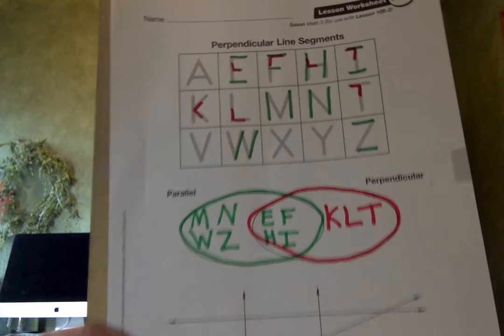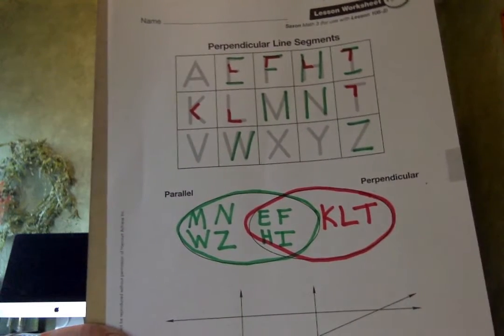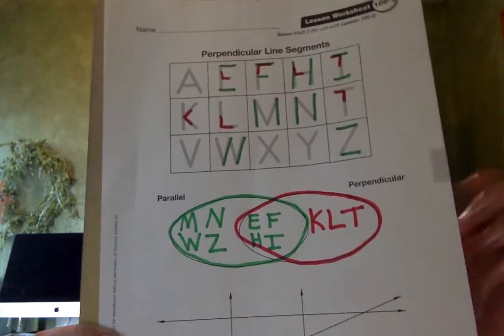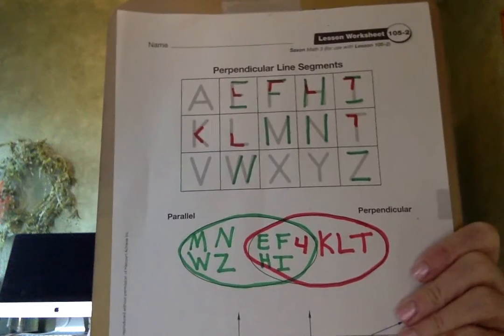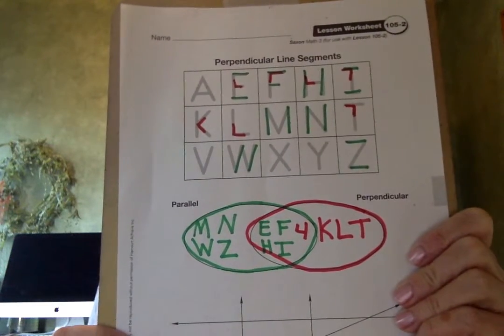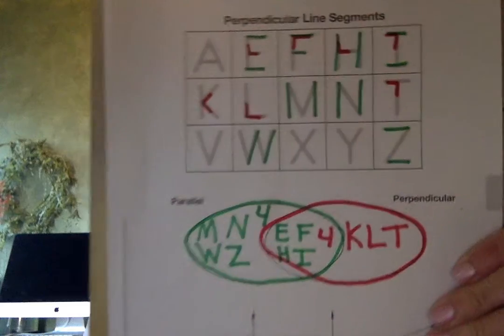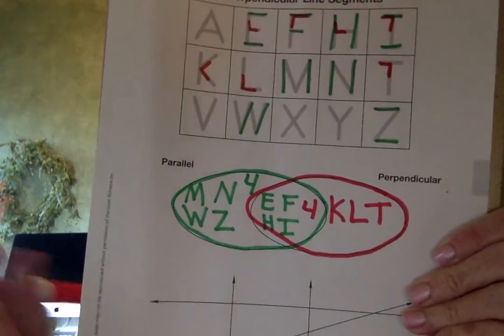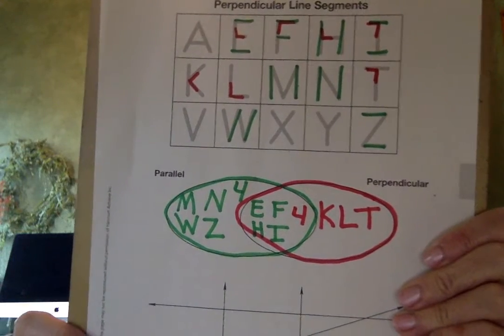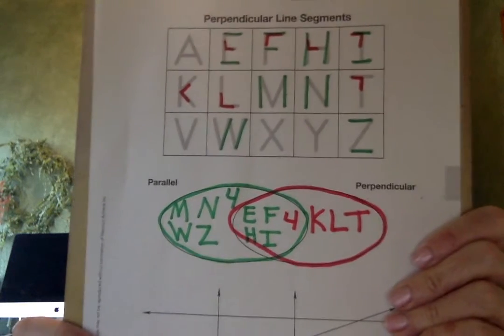How many letters have both parallel and perpendicular line segments? 4. So we're going to write 4 right here. How many letters only have parallel line segments? 4. So with our green, we'll write 4. How many letters have perpendicular line segments?